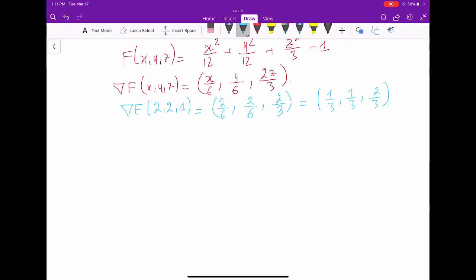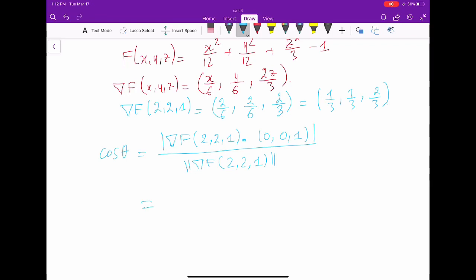Now I can find the angle. The formula looks like the dot product of the gradient of F at (2, 2, 1) with (0, 0, 1), take the absolute value, and then divide by the norm of the gradient of F at (2, 2, 1).